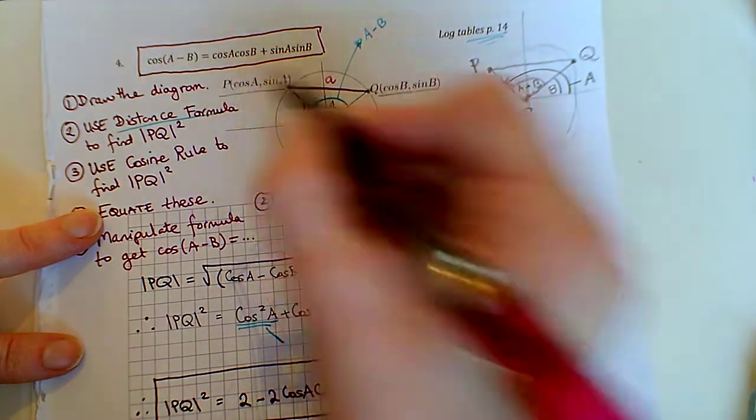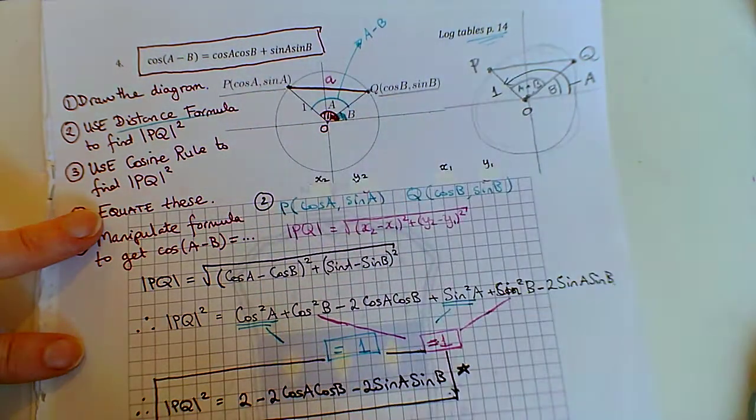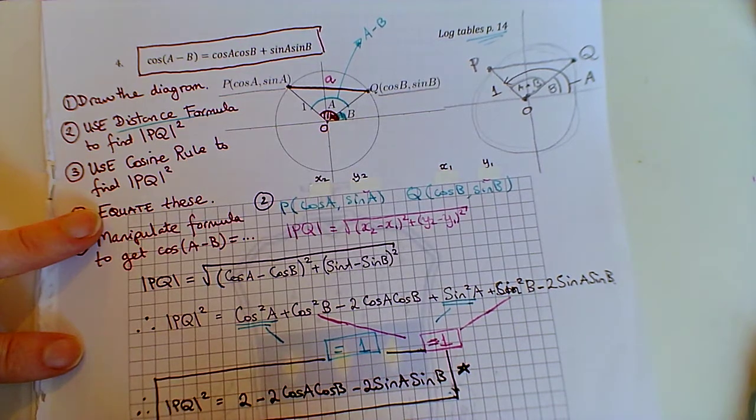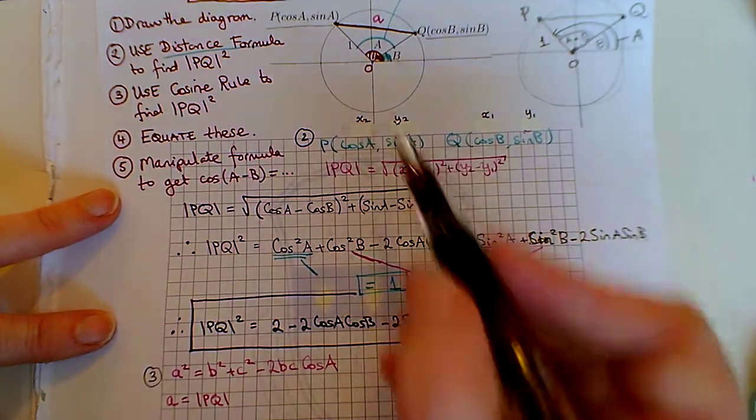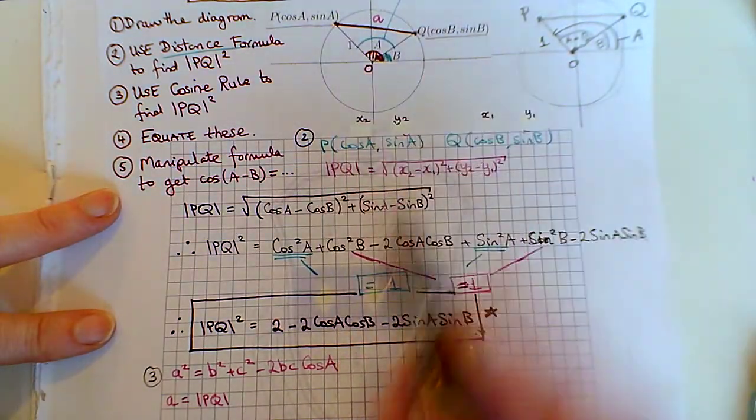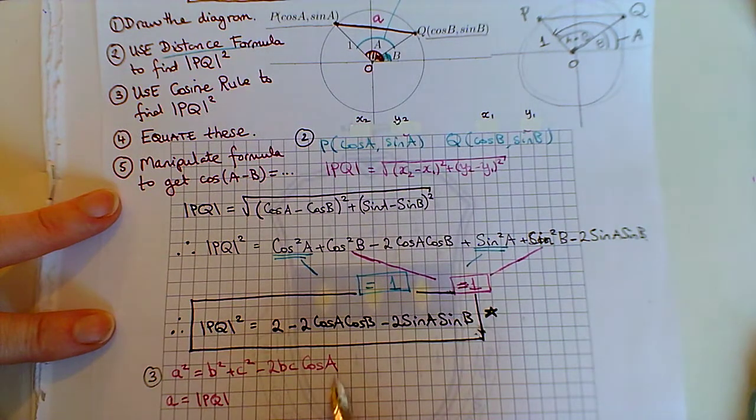So little a is going to be my PQ, my distance from P to Q.